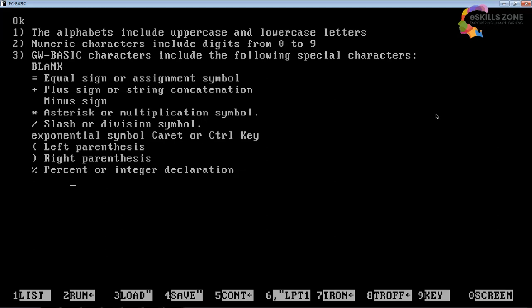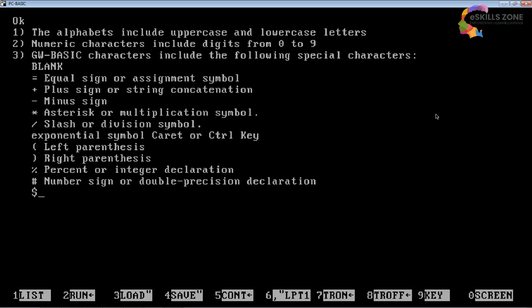Next one is the hash symbol. This is called the number sign, or double precision declaration. We will discuss later on what double precision declarations mean, but here we need to know the names of it.